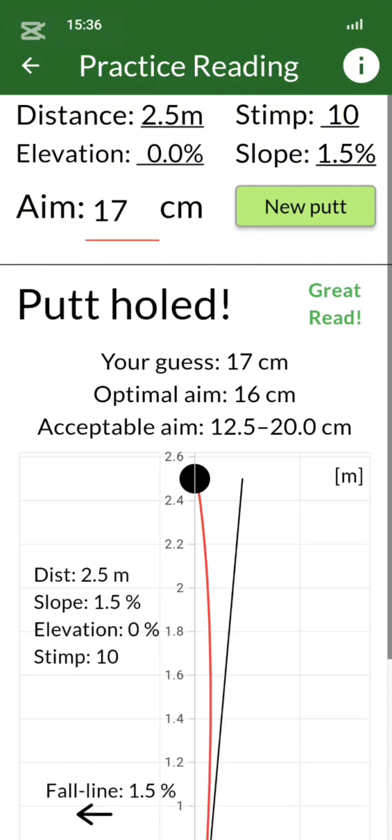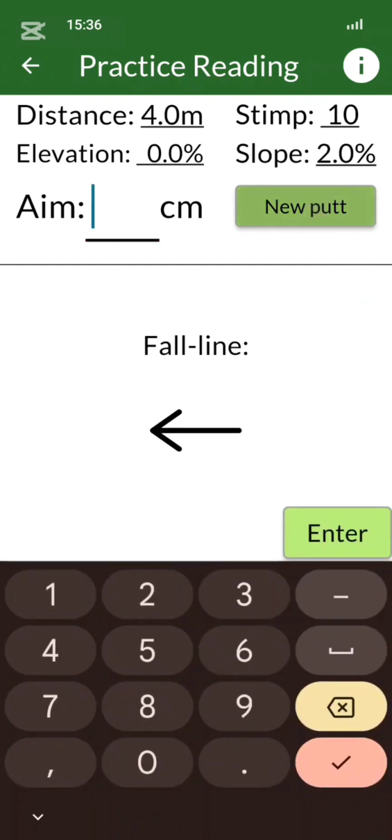Let's see if we can find another few special cases. Here we got a putt where the distance isn't a multiple of 0.5. What we then need to do is an adjustment because of the step number.